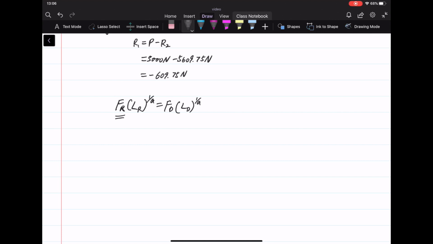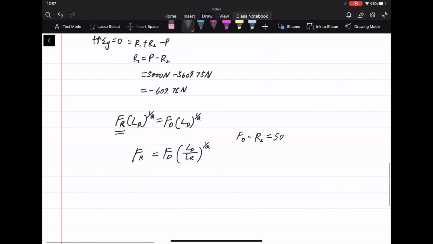That's how we select the bearings from the catalog. And FD is really R2, which is 5,697 Newtons. The reason we select R2 instead of R1 is because R2 has more load.